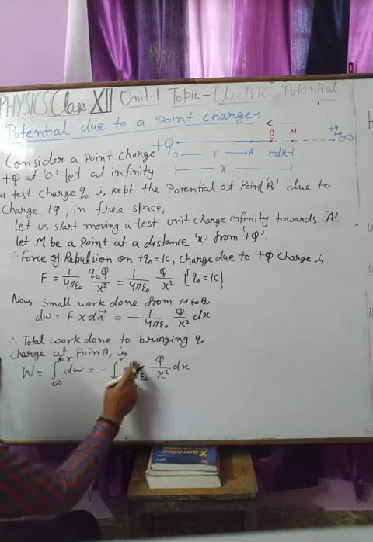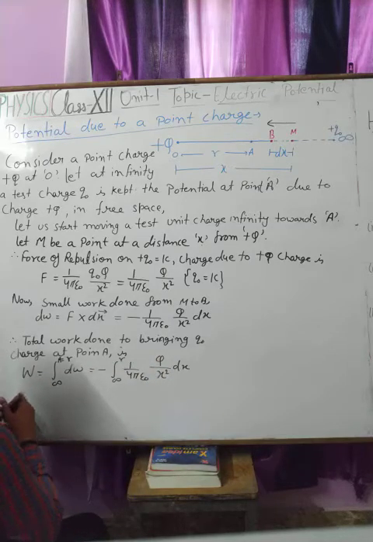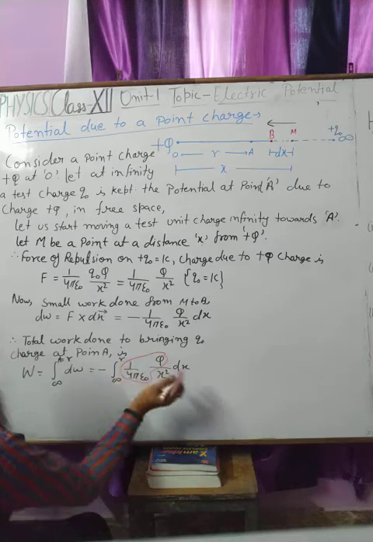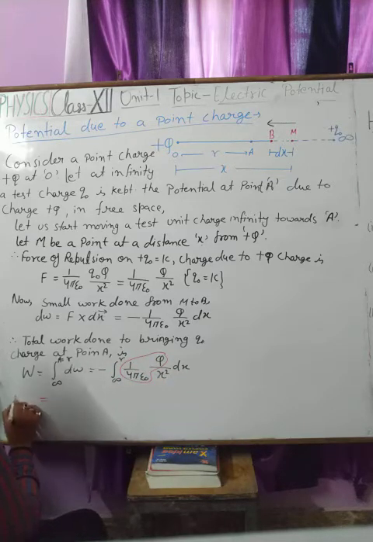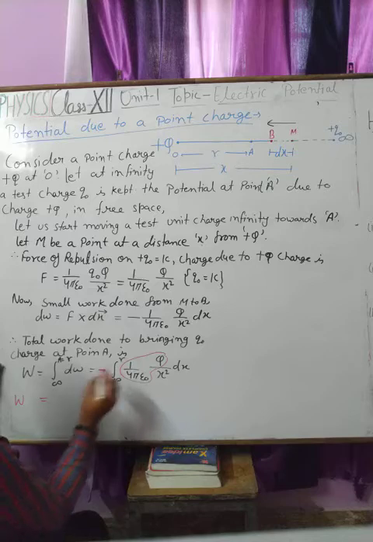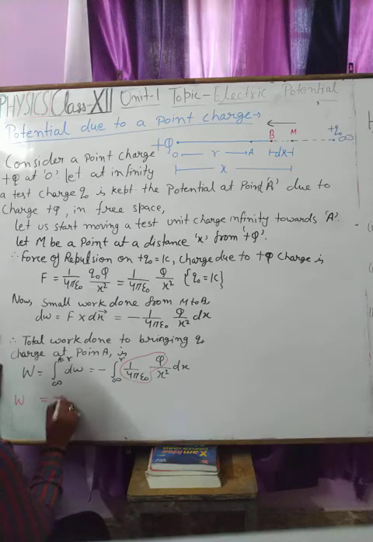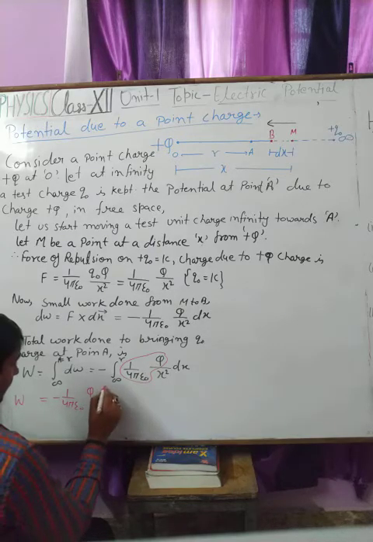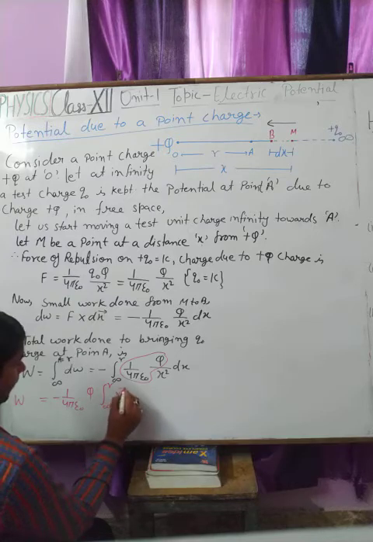Now student, these values are constant, therefore work is minus 1 upon 4 pi epsilon naught q, integration from infinity to r of x to the power minus 2 dx.